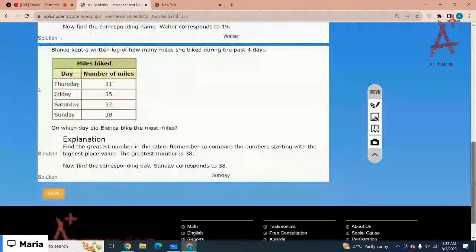Okay, the next one is Blanca kept a written log of how many miles she biked during the past 4 days. On which day did Blanca bike the most miles? So, which is the correct option?